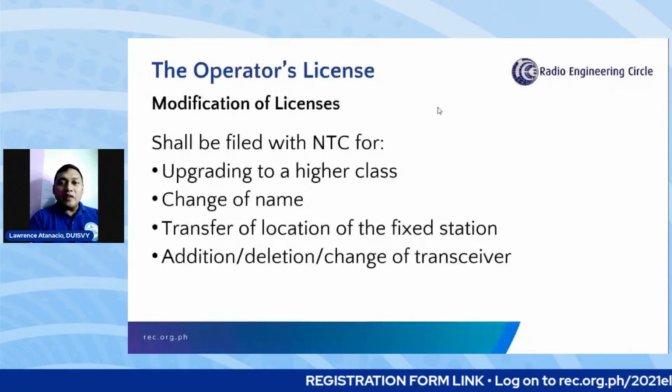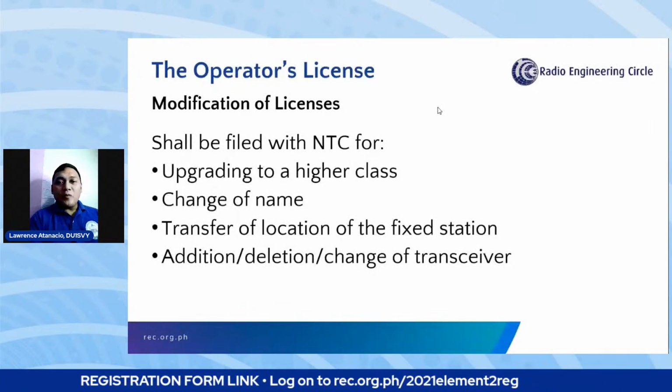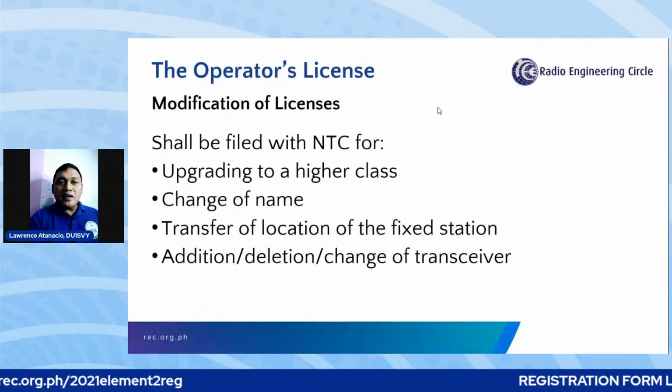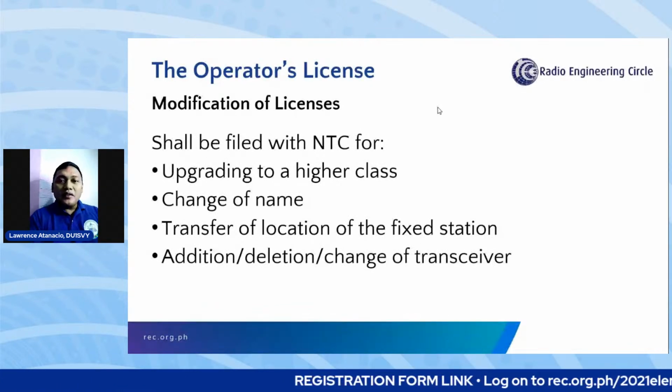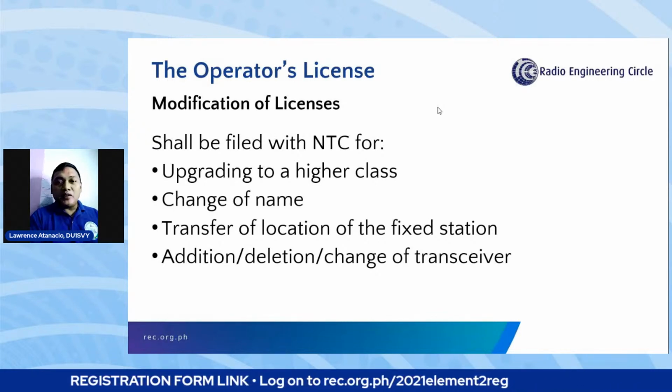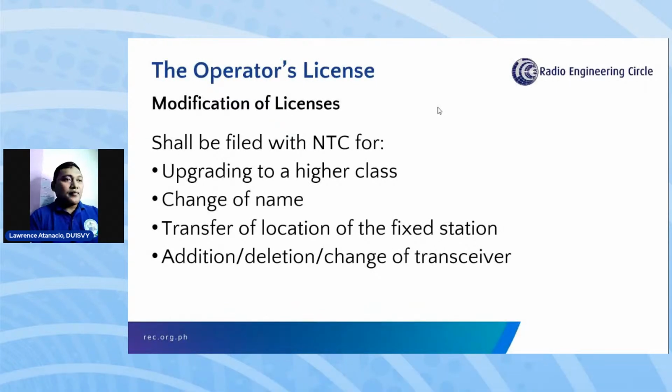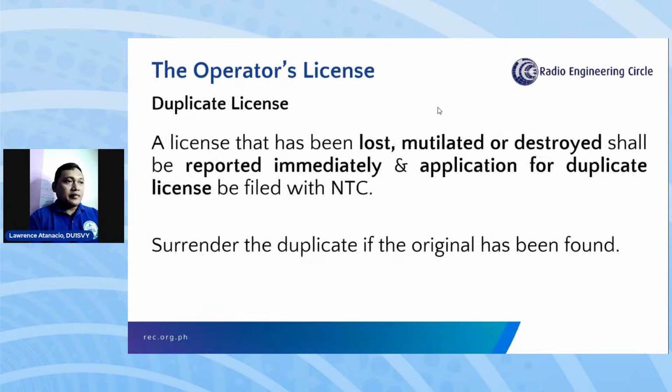Or for example, nagbenta ka ng equipment sa kapwa mo amateur. So, kailangan i-delete yung radio na naka-registered doon sa license mo at ita-transfer naman siya doon sa kung saan mo ibebenta yung radio. Next.